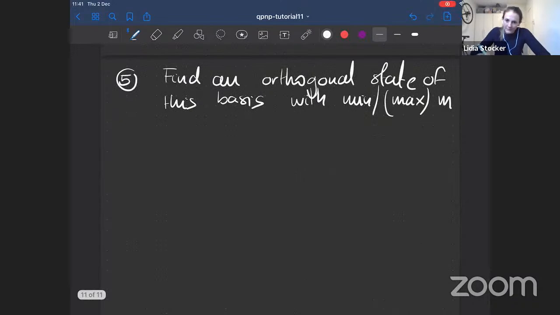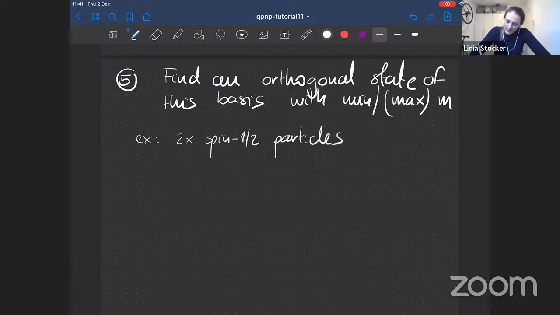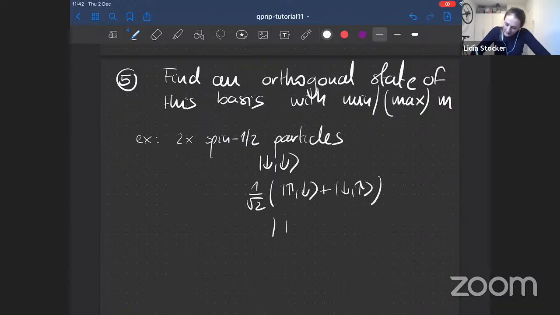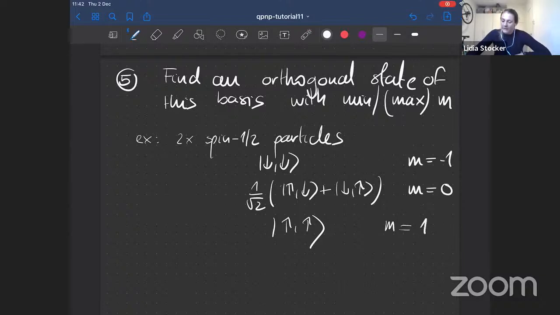Now, what do I mean here? So example, for 2 spin 1/2 particles, if you calculate, and you did it in the lecture, you have these 3 states: up, down plus down, up, and up, up. So I cannot find a state with m equal to -1 which is orthogonal to this basis, because the only possible state is down, down.